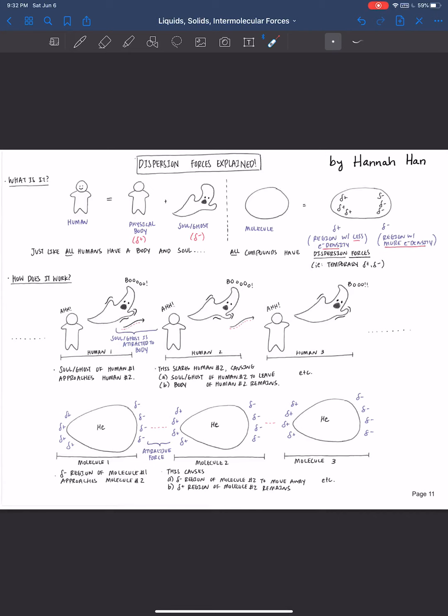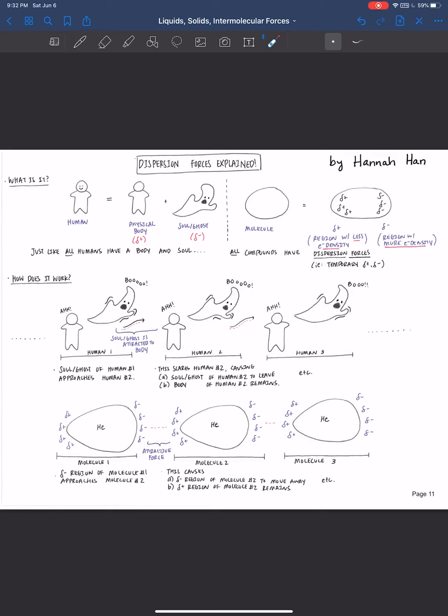She's kind of assigning this partial positive and partial negative, much the same way a molecule has regions of electron density and lack of electron density. Okay. And so, much like all humans have a body and a soul, all compounds have dispersion forces, temporary partial positive and partial negative regions.